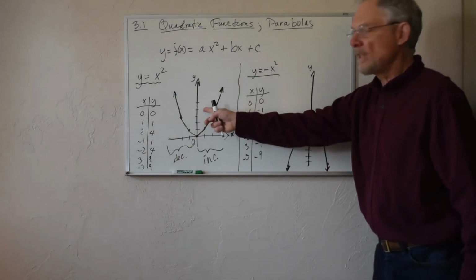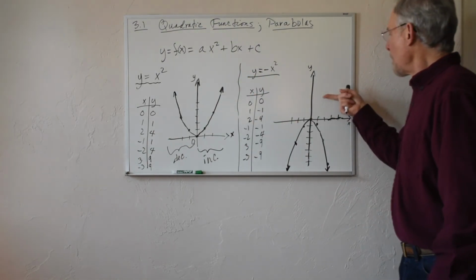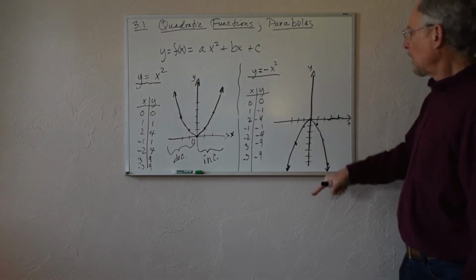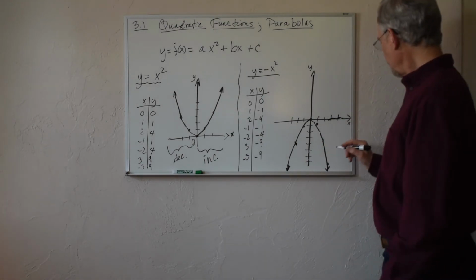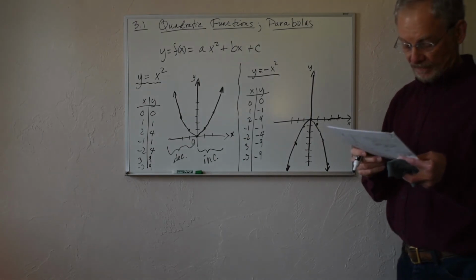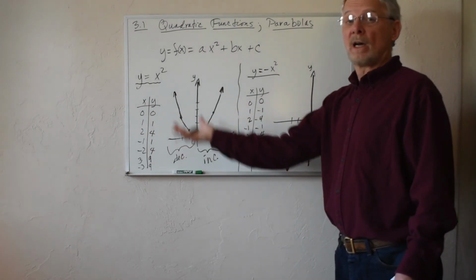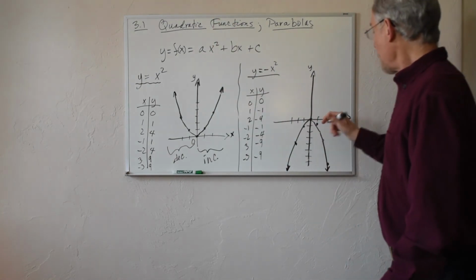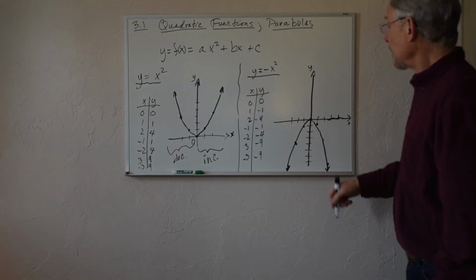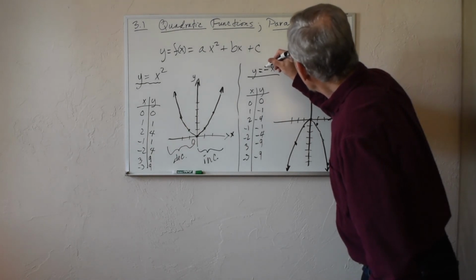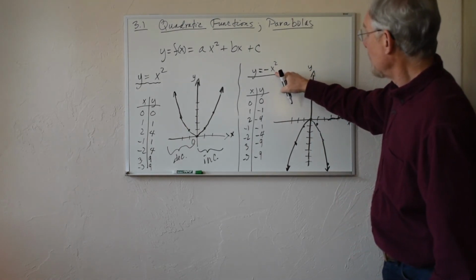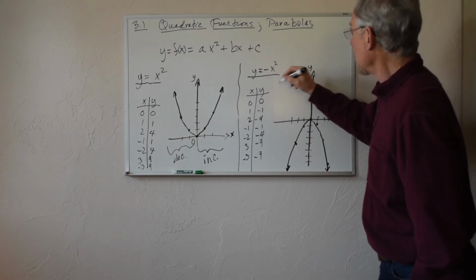It's exactly the same shape we saw here, but it has been flipped over the x-axis, flipped upside down. So we see this parabola opened upwards. This one opens downward. And it's that number multiplying the x squared. Here the number is -1.